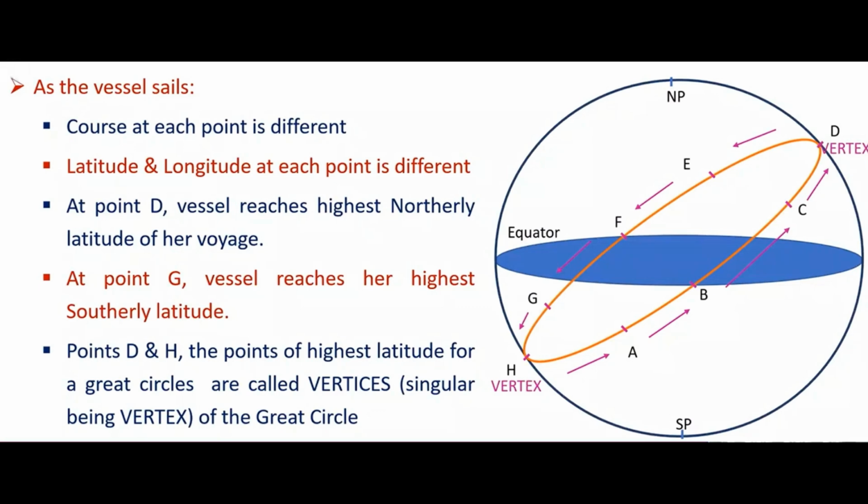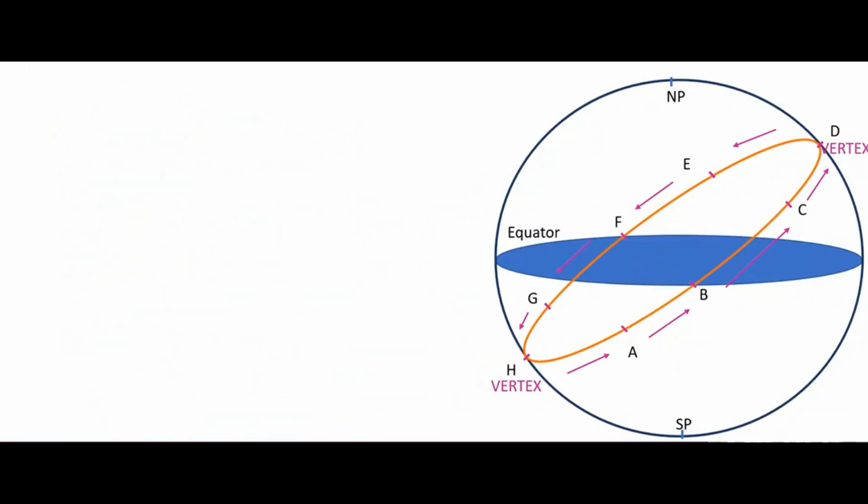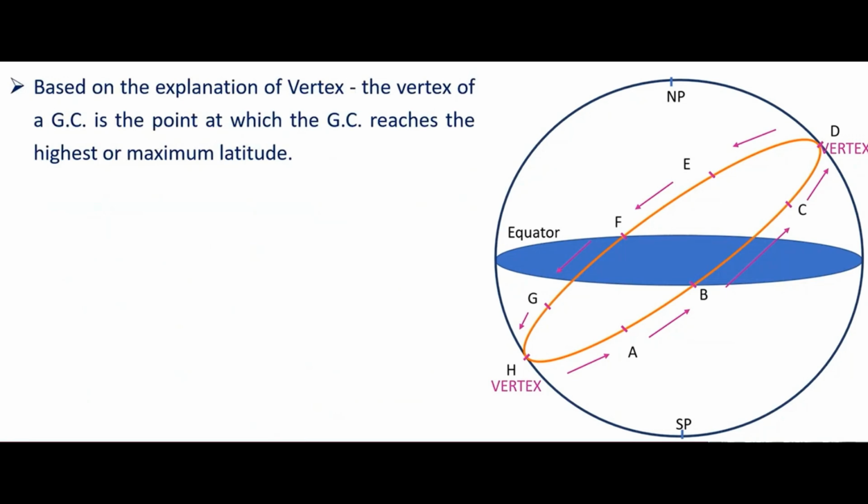So D and H are the vertices of the great circle. So based on the explanation, the vertex of a GC is a point at which the GC reaches the highest or maximum latitude. In other words, these are the points on the great circle which are closest to the poles.